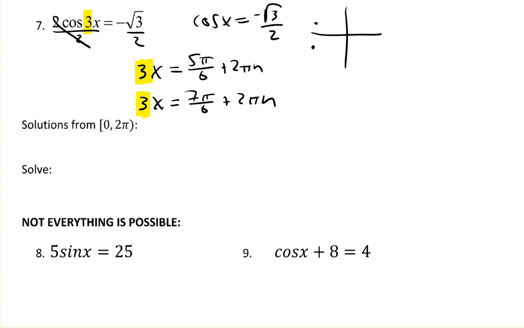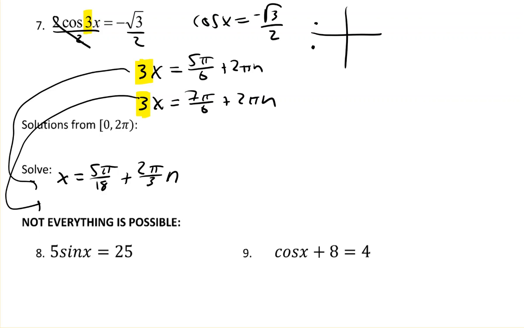I ignored the 3 for a moment, but now I have to deal with it. So divide everything by 3 to actually solve it for x. And divide this one, everything by 3.